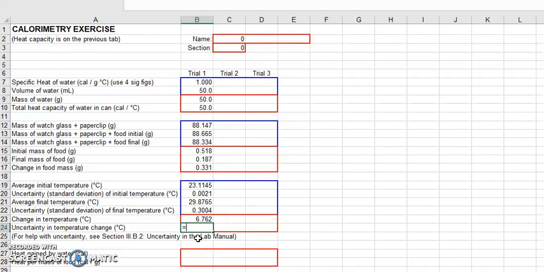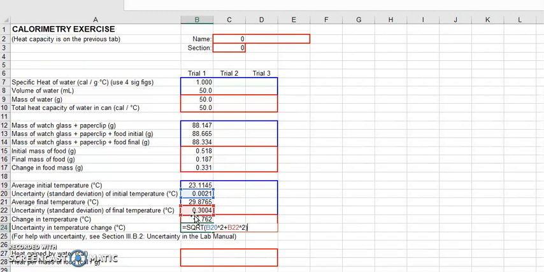The uncertainty, this is where we have to use that crazy formula. So it's equals square root, open parentheses, select your standard deviation for your initial temperature, hit the caret key, which is right above the 6 on your keyboard, and put a 2 because we're squaring it, and then plus the standard deviation for your hot water, caret 2, so that we're squaring it, close parentheses.